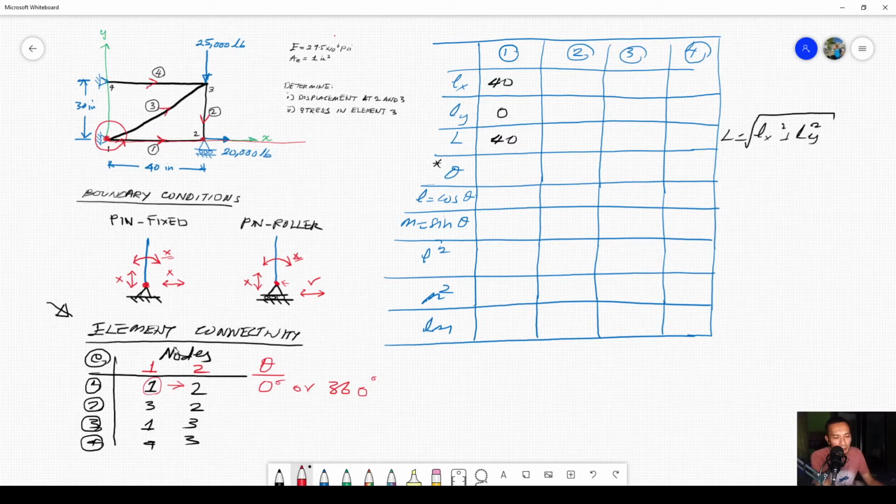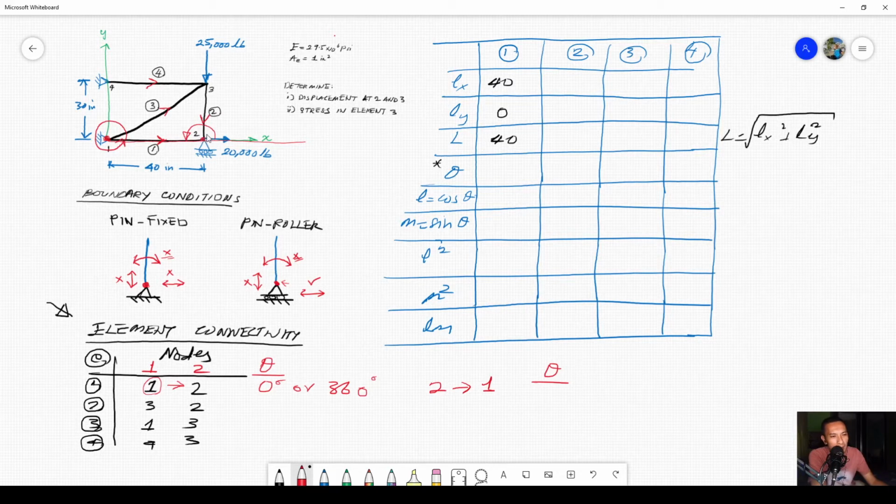For example, if our element is connected from 2 to 1, then the angle for our element will be considered by taking node number 2 as our reference, and then we take this angle by going anti-clockwise from our horizontal reference line until it meets element number 1 here.